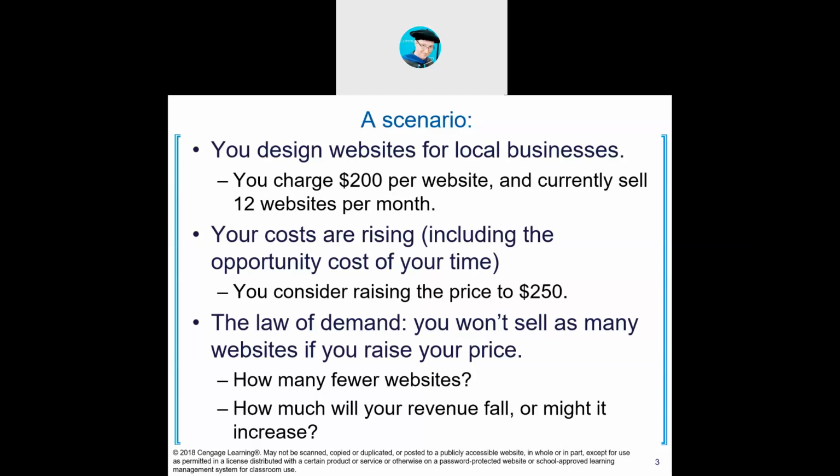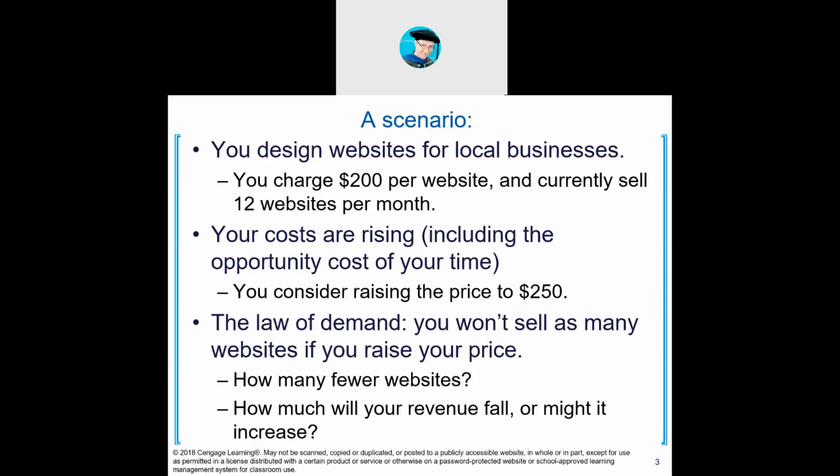Now, there are some considerations, right? With respect to the law of demand. If you raise your price by $50 per website, you might have fewer customers wanting you to develop their website, right? They'll say, oh, you raised your prices by $50, I don't know if I could afford that type of swing.